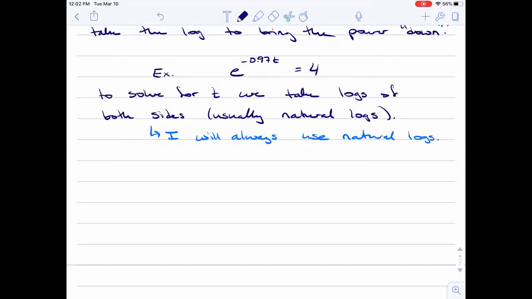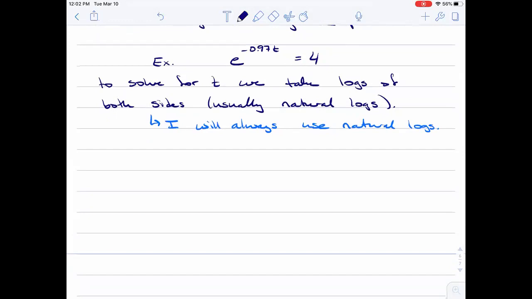So we take the natural log, which I write as that squiggly ln, of e to the negative 0.97t, pretending it's equal to 4, so then I want to take the natural log of 4.